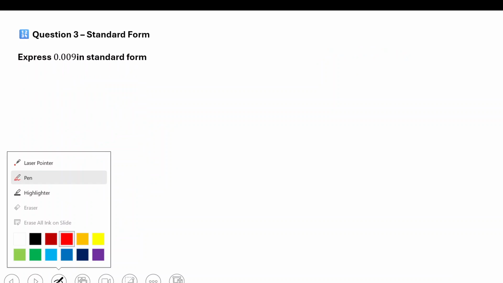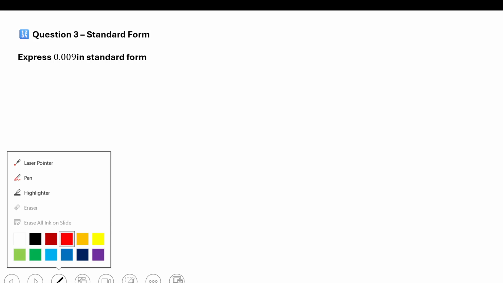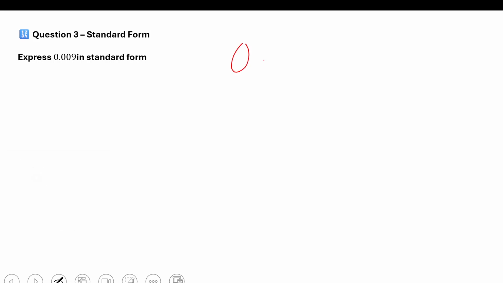So this is standard form. It says express 0.009 in standard form. Standard form is in the form a times 10 raised to the power n, where a is the leading significant digit. So I'll be starting with 9, and n is the decimal movement to the leading significant figure.